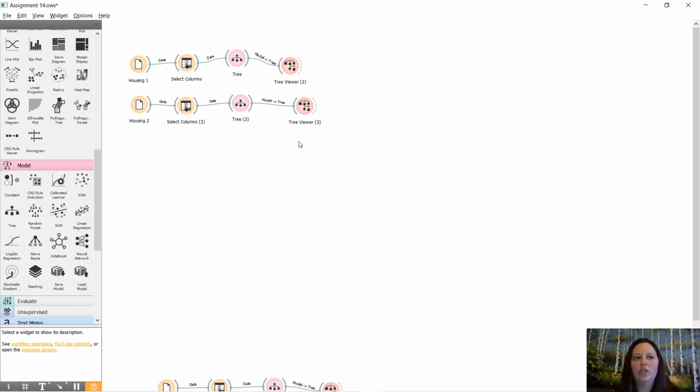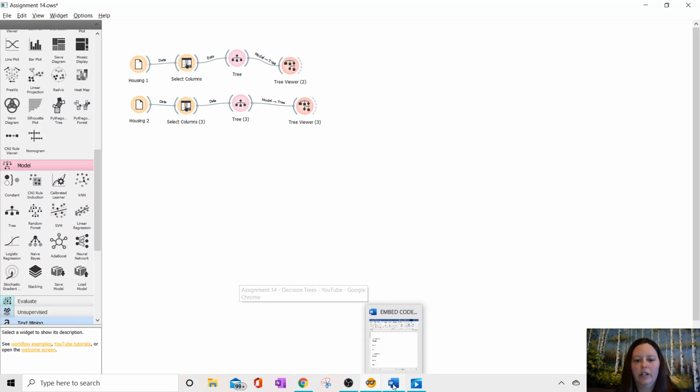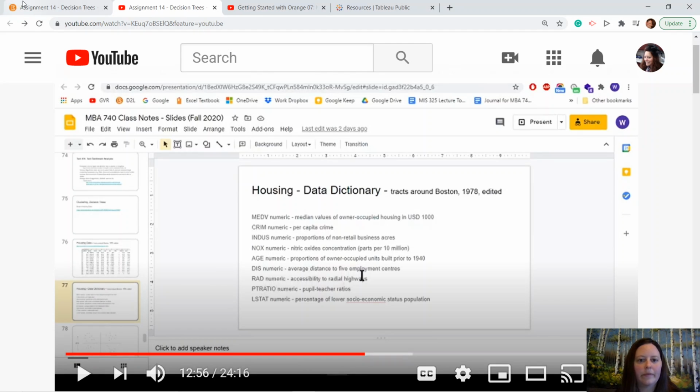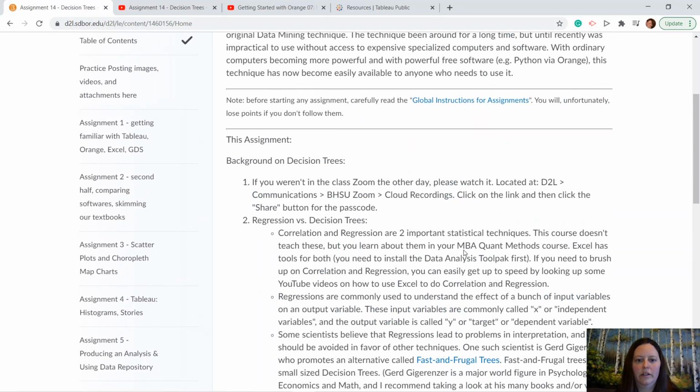There was discussion during our lecture about different types of trees, if they're going to be classification or regression.